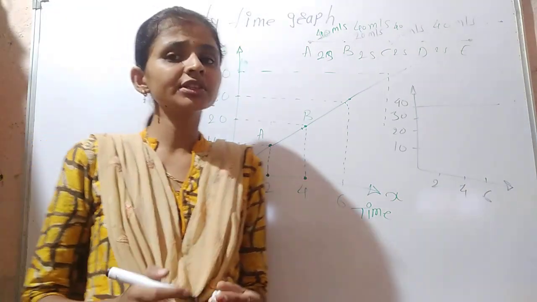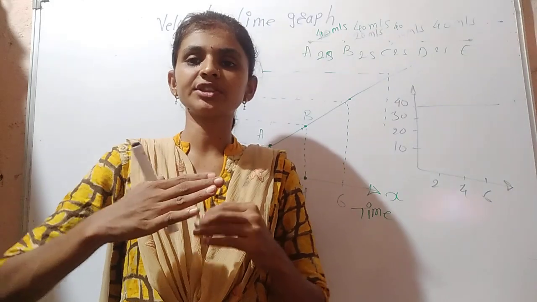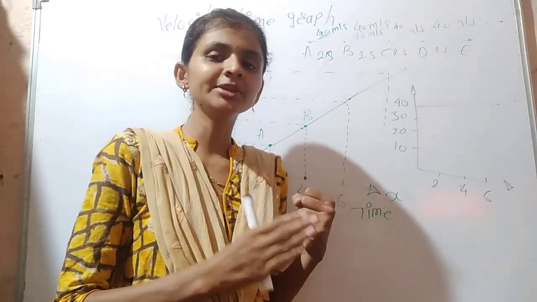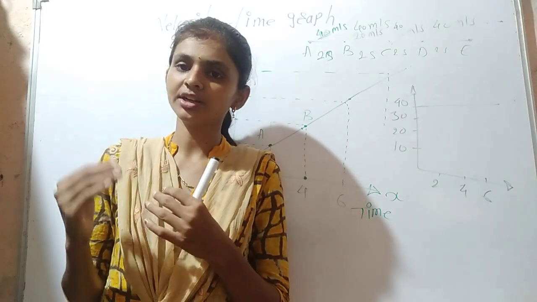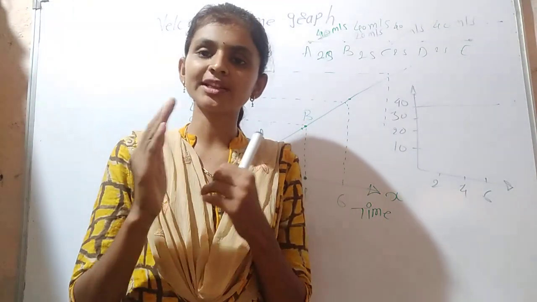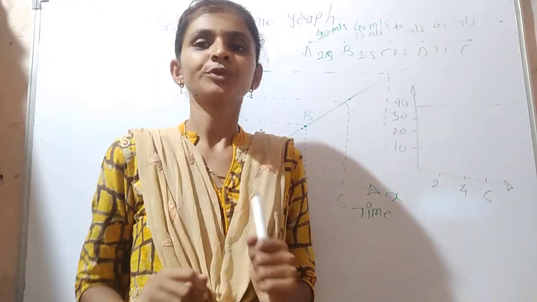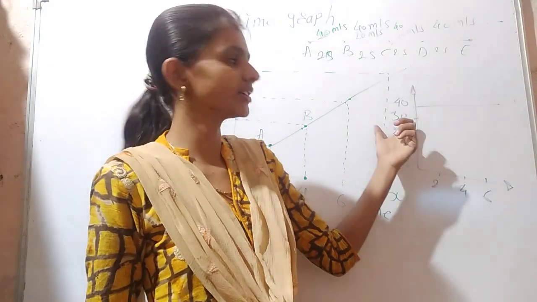It means that velocity is not constant, velocity is increasing, but the time intervals are equal and the velocity increases by the same interval. First 10 meters per second increases, afterwards again 10, again 10.